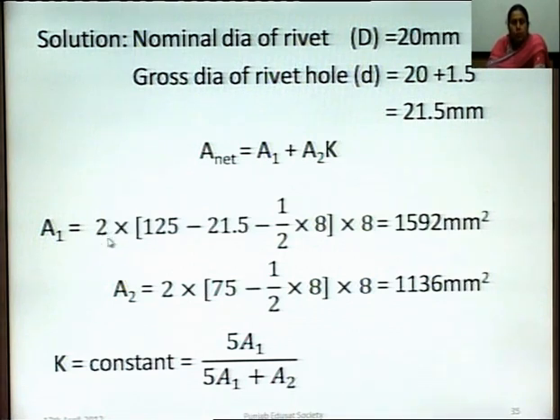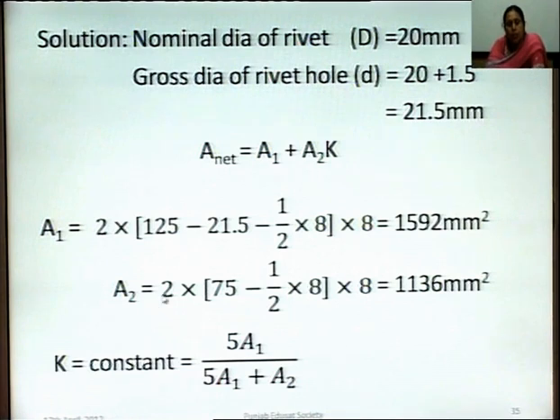And here we will use 2 as we have two angles, and A2 is the area of the outstanding leg. So, it will be length minus half thickness multiplied by thickness of leg. In this case, we will not deduct D as this is the outstanding leg, because this is the connected leg and this is the outstanding leg.